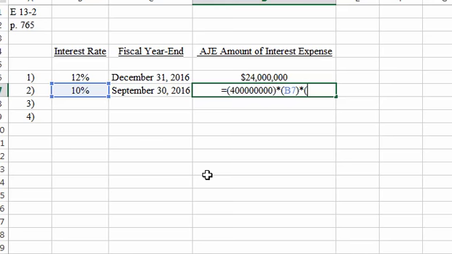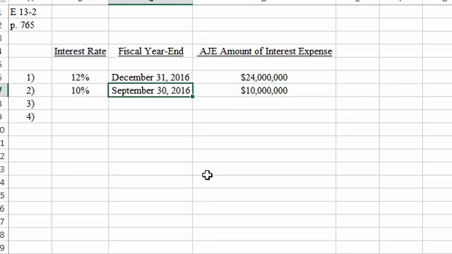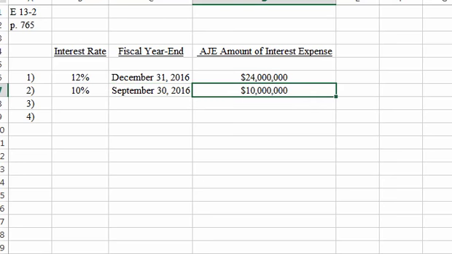So 3 months, divided by 12, or you could do, of course, 0.25 there if you'd like. And there we get $10 million would be the amount of the adjusting entry to be made on the year ended September 30th, 2016. Again, a debit to interest expense and a credit to interest payable.